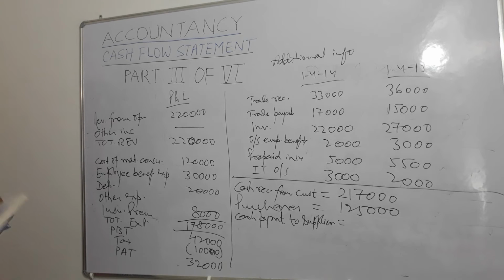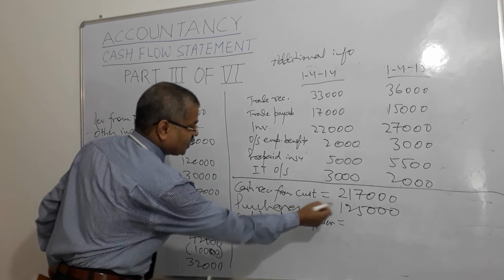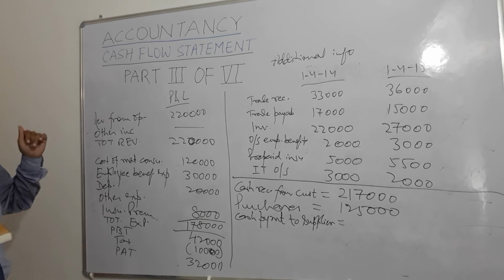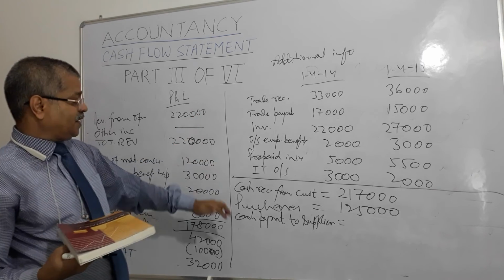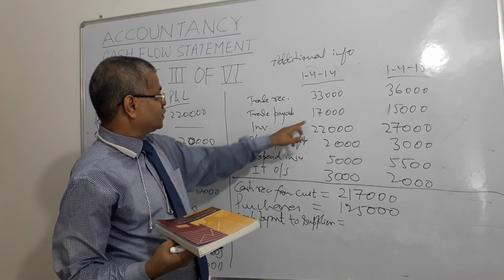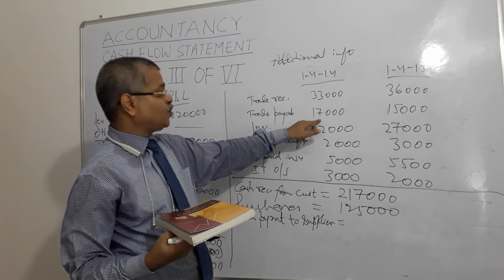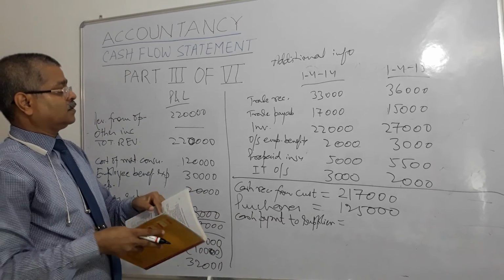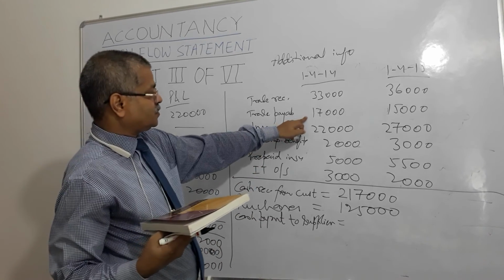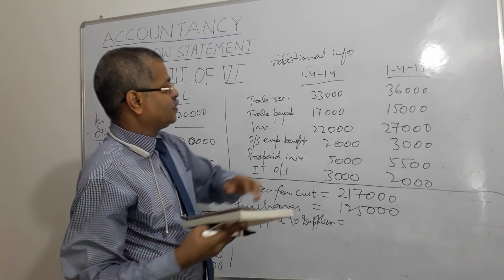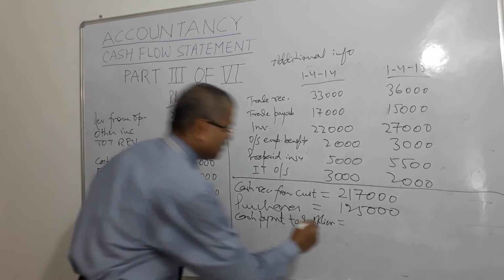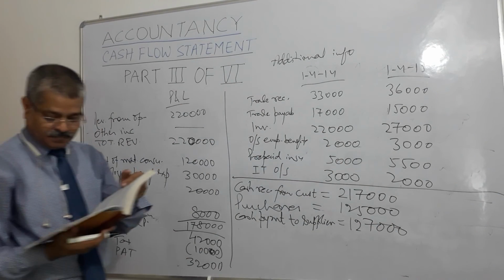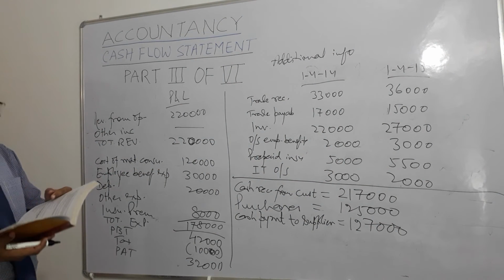We have already done 1,25,000. So purchases plus payables at the beginning, 125 plus 17,000, 142, minus 15,000, 127,000. So 127,000 is the cash payment to suppliers.